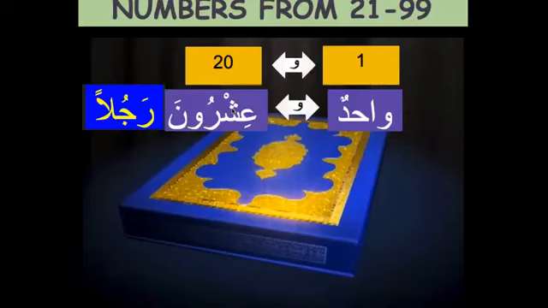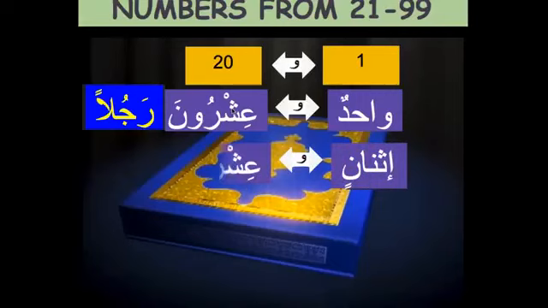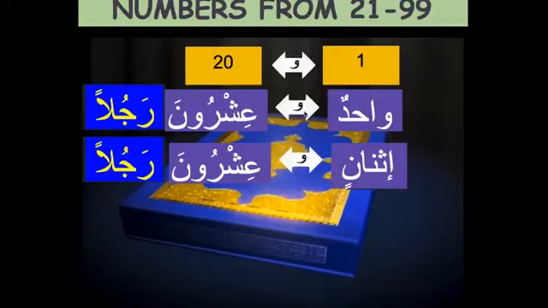That is a singular mansoob noun which gives some detail. 21 of what? So we say rajulan, men, 21 men. So we say ithnanin wa ishiruna rajulan, 22.